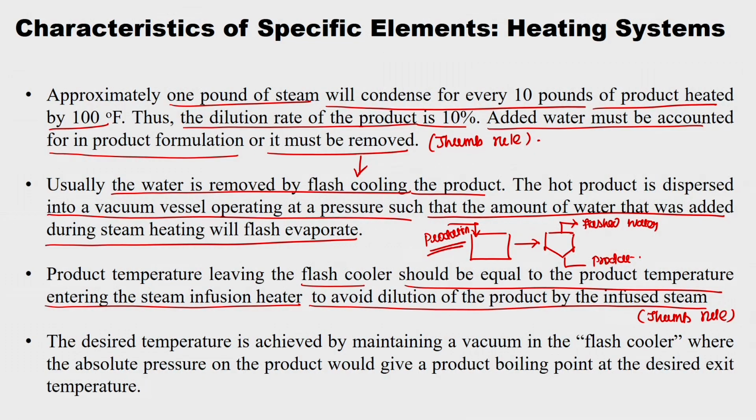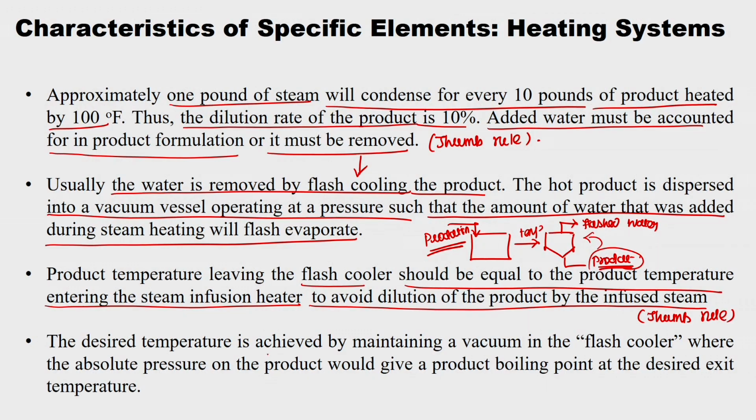So this temperature and this temperature should be the same temperature, so that there is no addition of water in the system. And also here what happens is the sensible heat of the product is used by the water to flash evaporate. So in that way the product temperature would be less than the temperature going in to the flash tank or vacuum vessel.